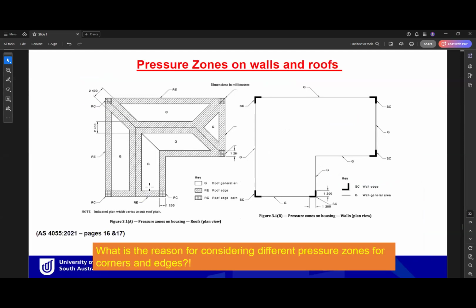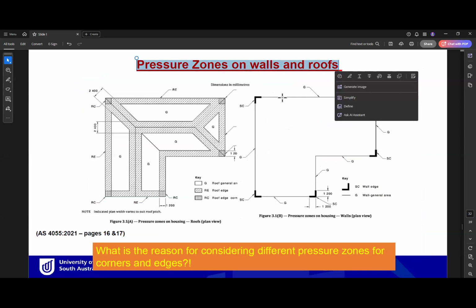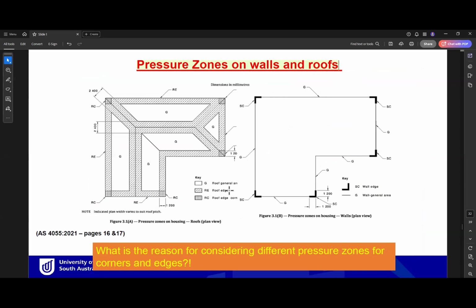So if you look at this sketch here or this diagram here, this is the pressure zones on the walls and roof. So as you can see, the roof by the standard is divided into G areas. G areas is the white areas or general areas here.